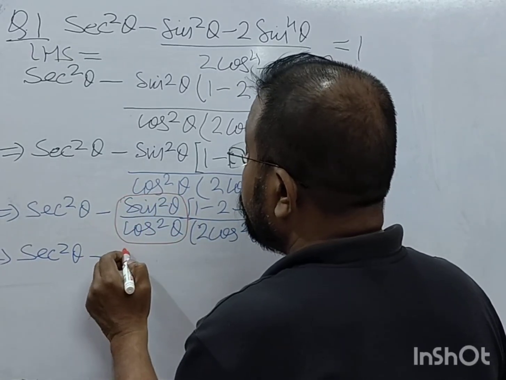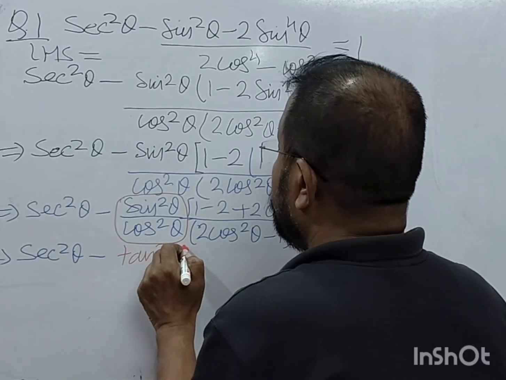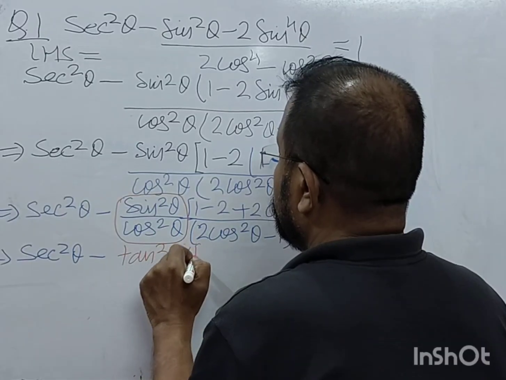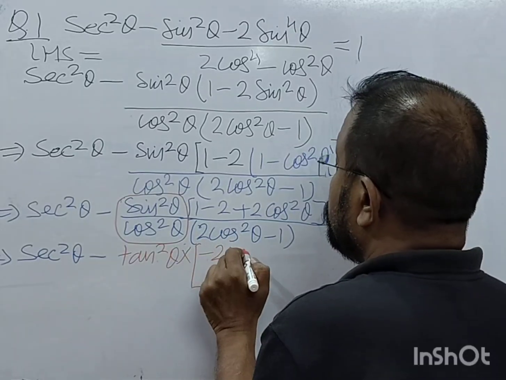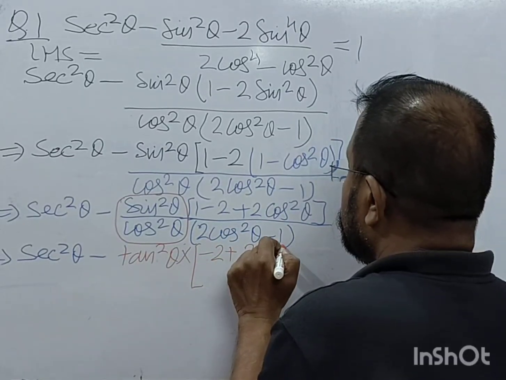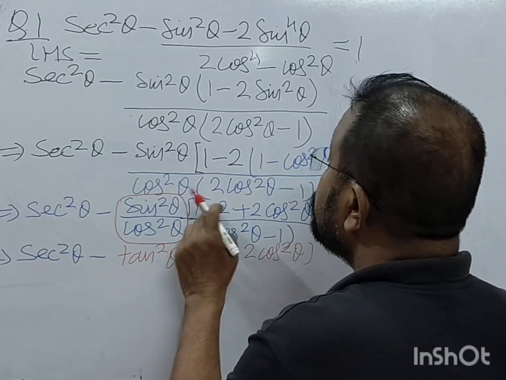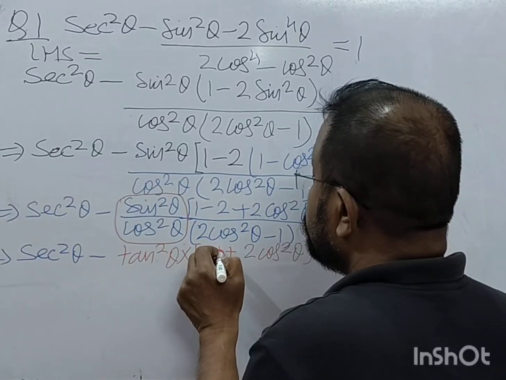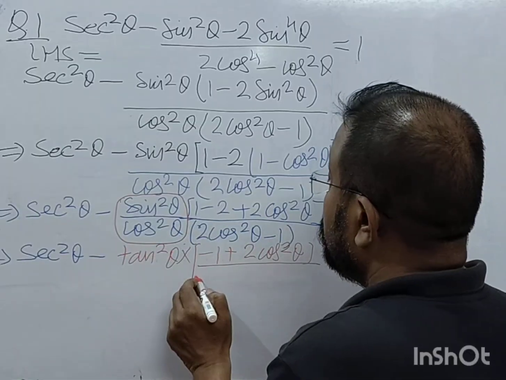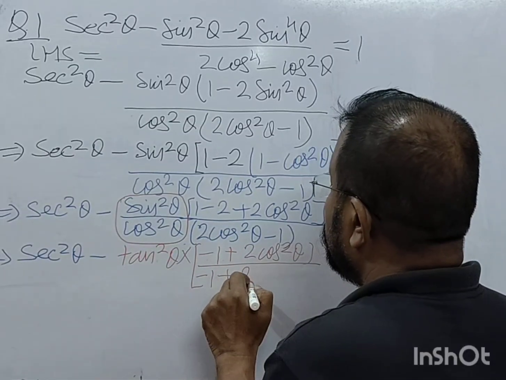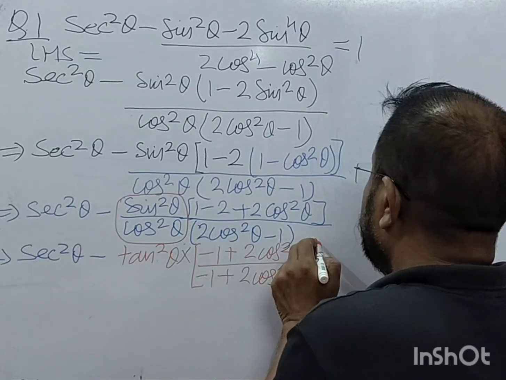upon cos square theta becomes tan square theta, right? And this becomes minus 2 plus 2 cos square theta upon 2 minus 1 becomes minus 1, minus 1, 2 cos square theta becomes minus 1 plus 2 cos square theta, right?